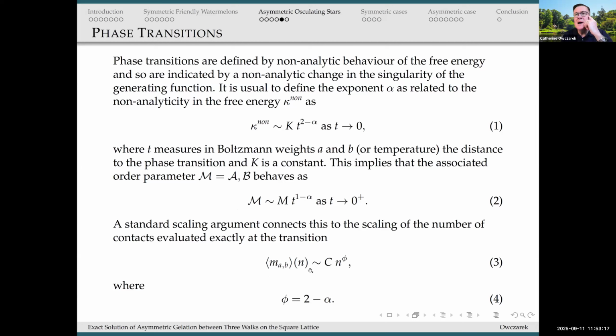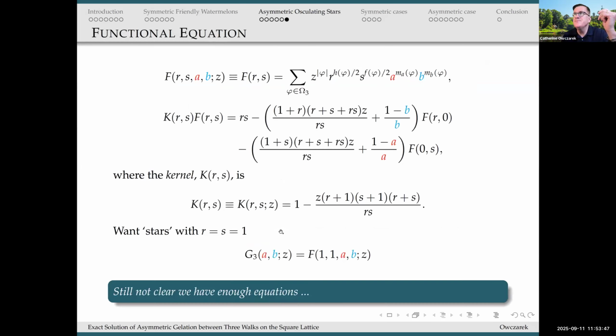And there's another important exponent, related to these, called the crossover exponent, phi, which relates to the behavior around the phase transition. But you can calculate it by looking at the number of contacts right at the transition, which goes as n to the phi. And in fact, many years ago, we found that for the problems we'll look at, generically phi is 2 minus alpha, so they're not independent.